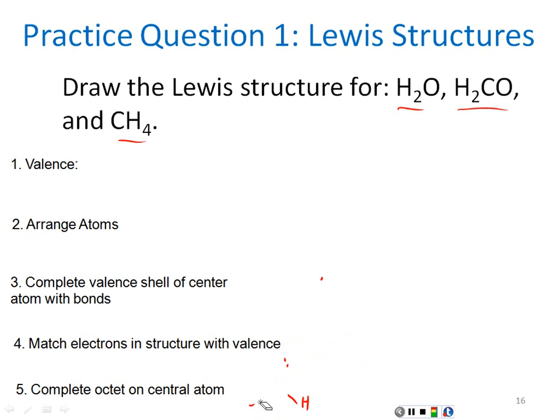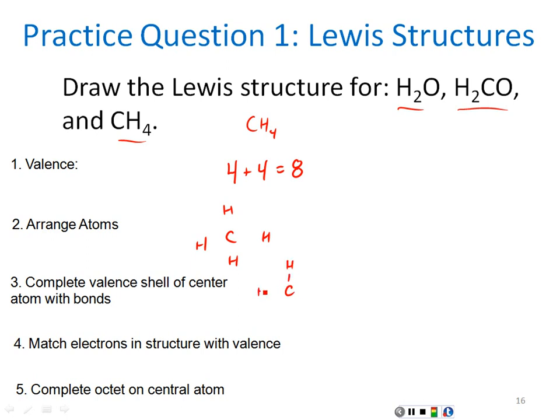Now finally, on to methane, CH4. We're going to have 4 electrons from 4 hydrogens and 4 electrons from carbon. That gives us a total of 8 valence electrons. Carbon goes in the center. It has the highest binding capacity.